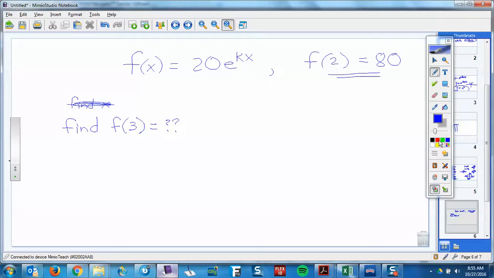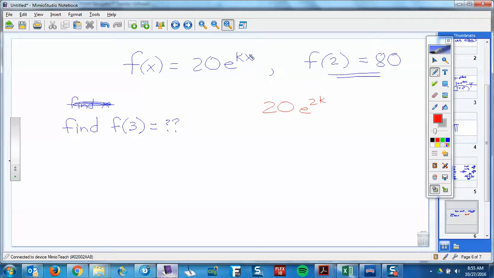So what would I write down? What would I do with this information? I'd write 20 e to the 2k, right? In other words, I would put a 2 in place of the x. So that's going to be 2k.